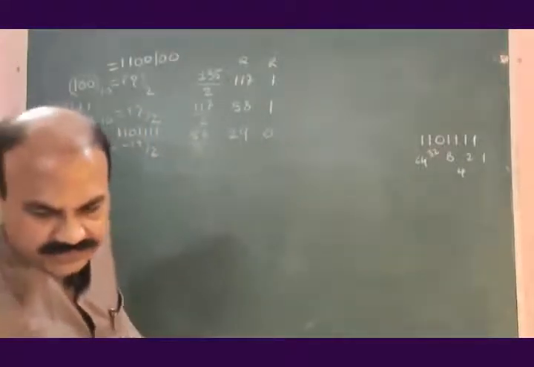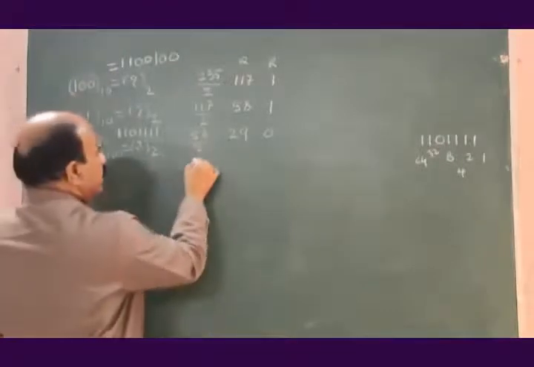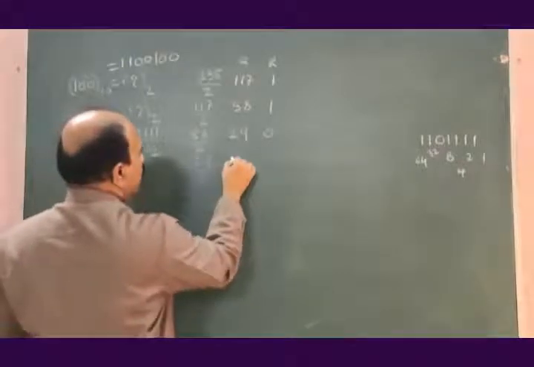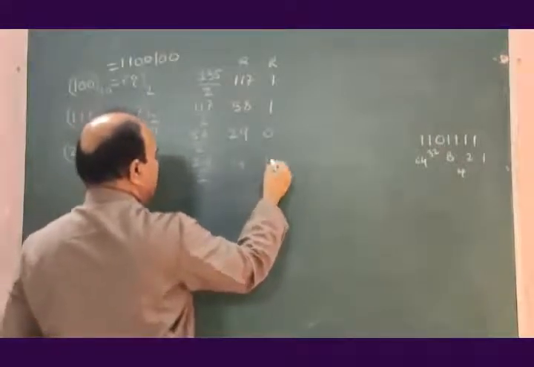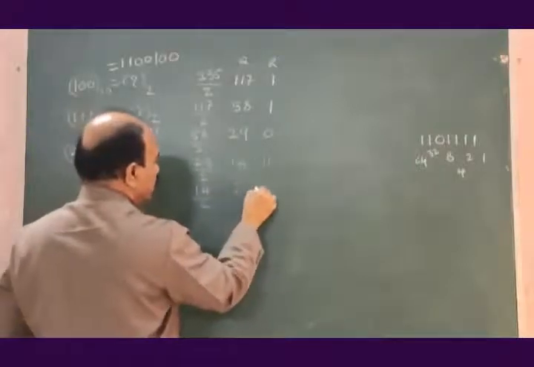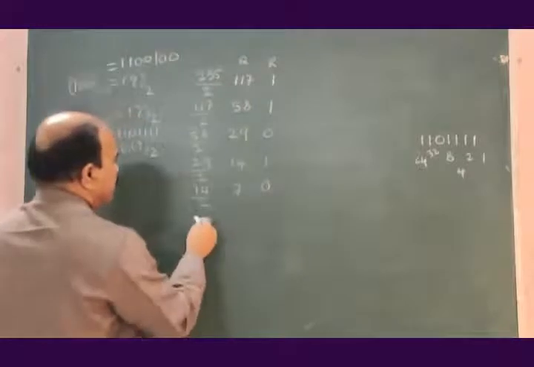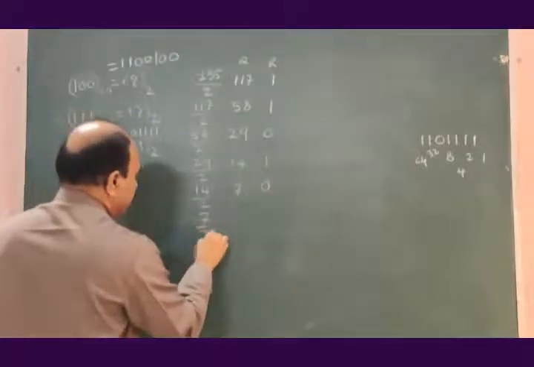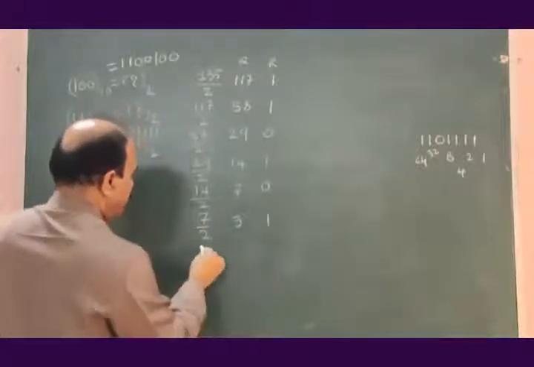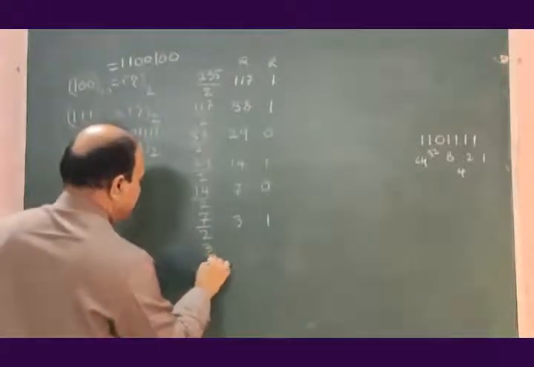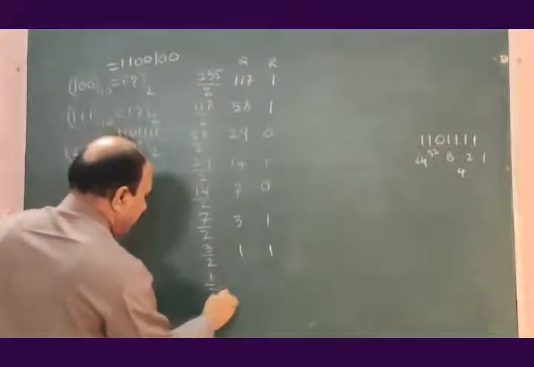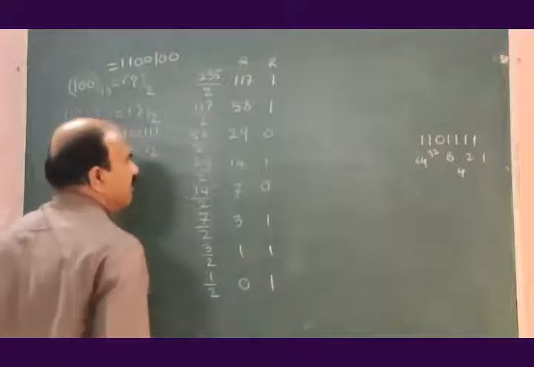Then 29 by 2, 14, remainder 1. 14 divided by 2, 7, remainder 0. 7 divided by 2, 3, remainder 1. 3 divided by 2, 1, remainder 1. 1 divided by 2, 0, remainder 1.